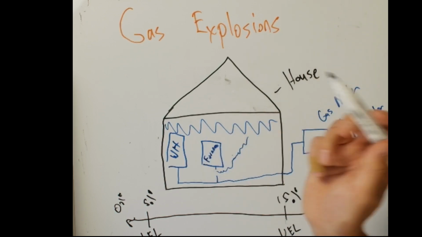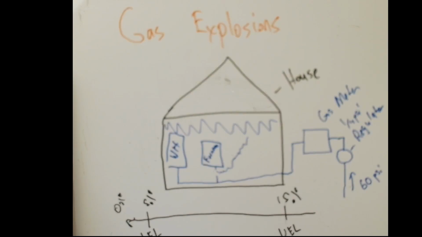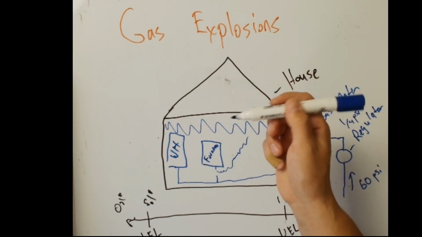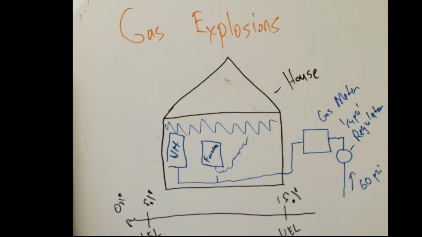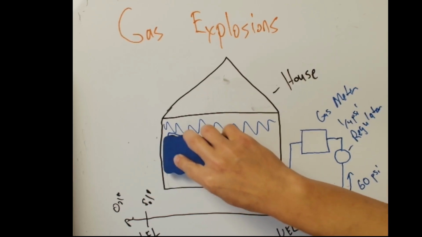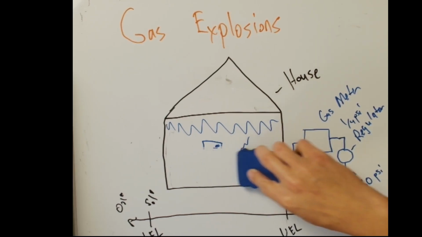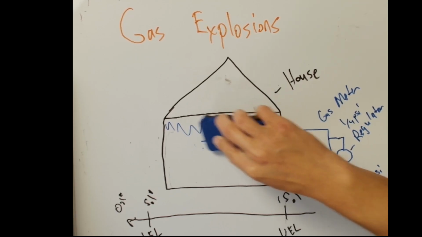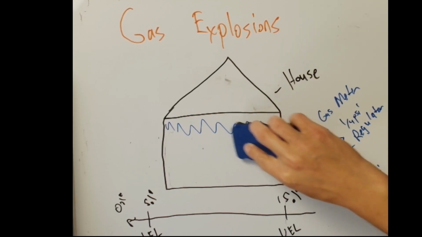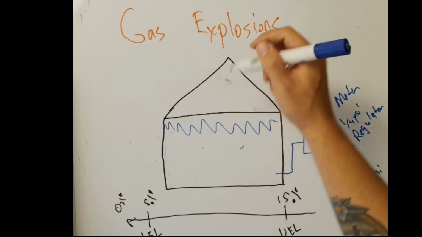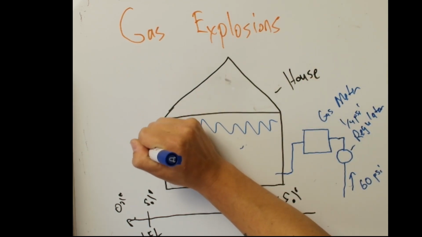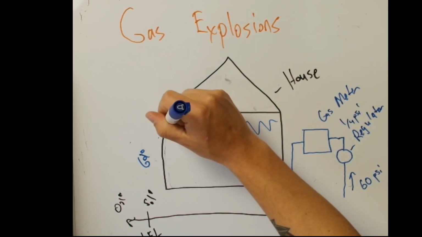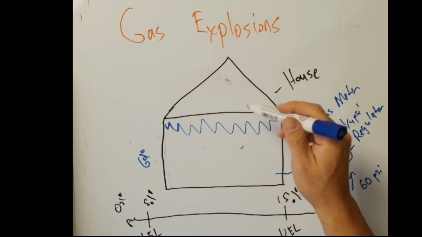And then your water heater realizes that it needs to heat up water, so it kicks on, and then you have an explosion. What does that look like in your home? So let's erase this really quick. You have an ignition at 6%, so this is our 6% explosion. You have an explosion inside your home of about 6%.